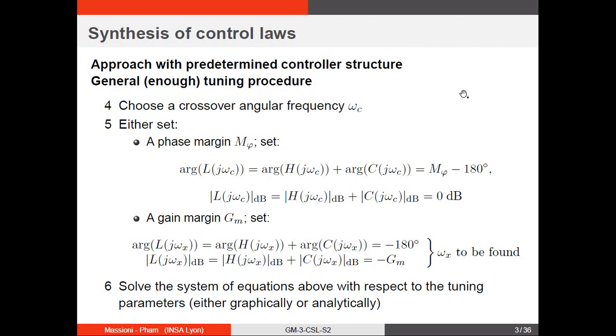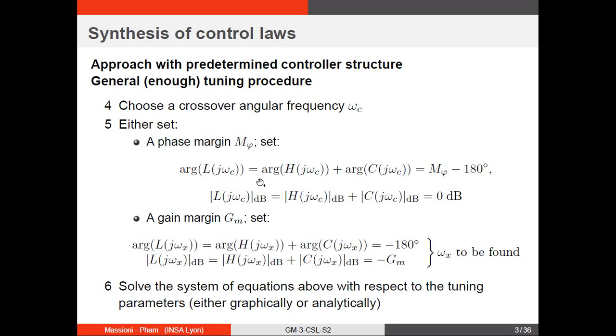And then basically, once you have decided the angular frequency that you wish, you can set a phase margin just by computing the argument of your loop transfer function, which is, as I said previously, the argument of H plus the argument of C, both at the crossover frequency.